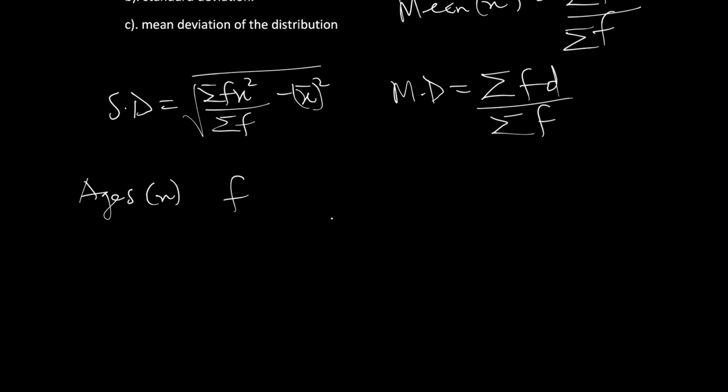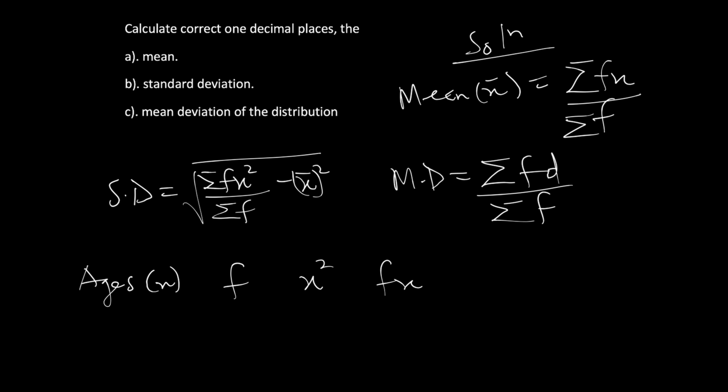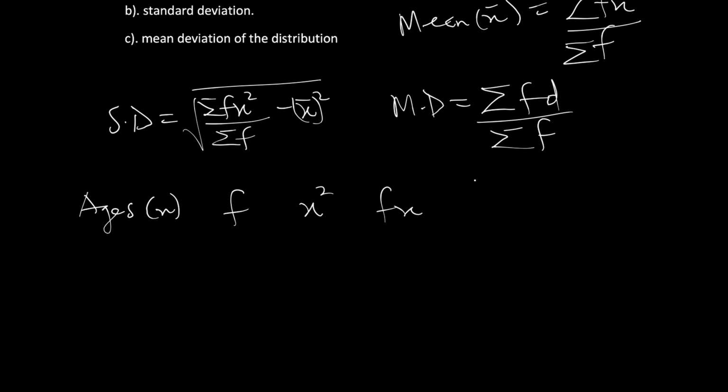Then we have our x squared, then our fx, then our fx squared. Then we have our d, which is equal to x minus x bar, and then our fd.